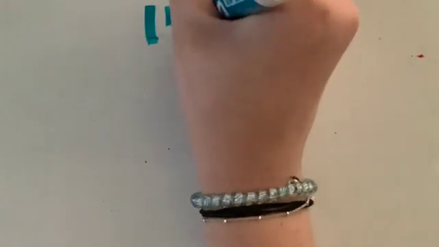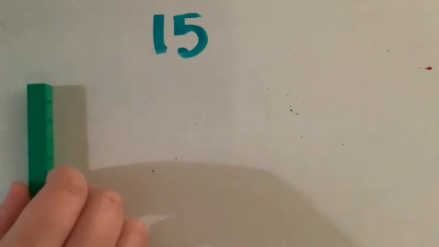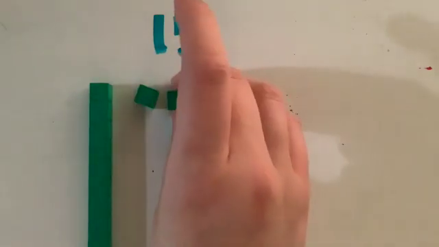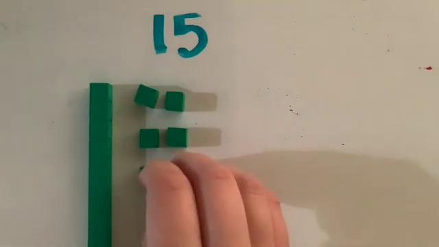Go ahead on your pocket chart, write the number in standard form, 15. And then if you have blocks, you can show it with blocks, or you can draw the base 10 blocks. Let's show 1 ten and 5 ones. 1, 2, 3, 4, 5.